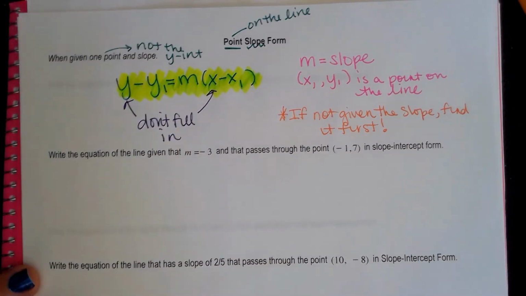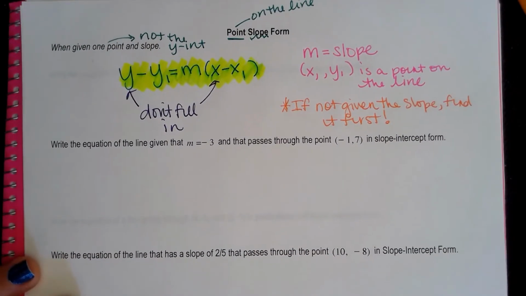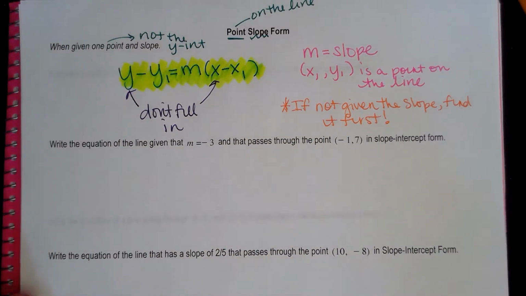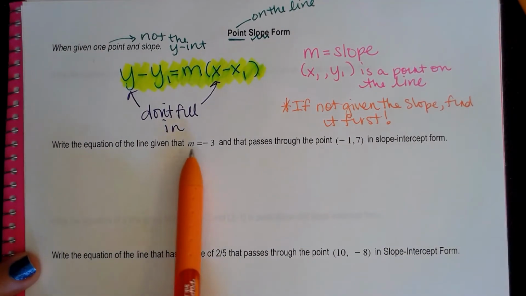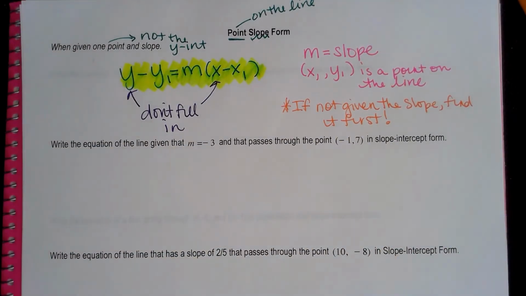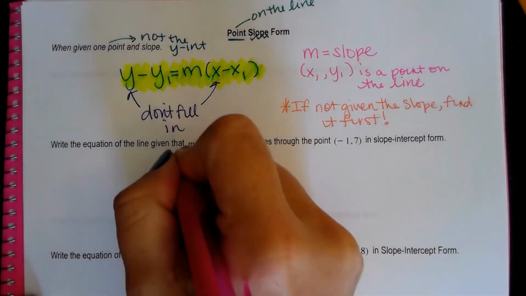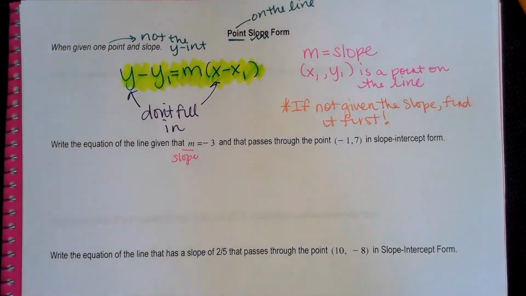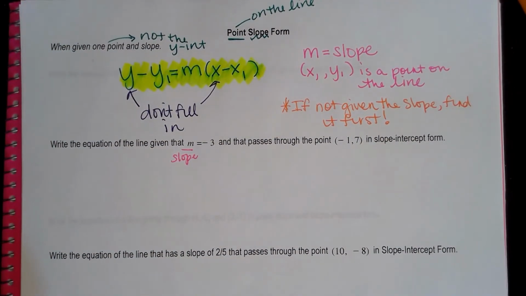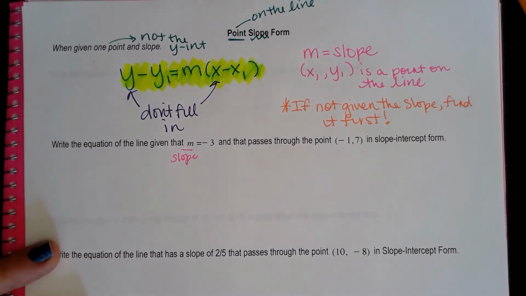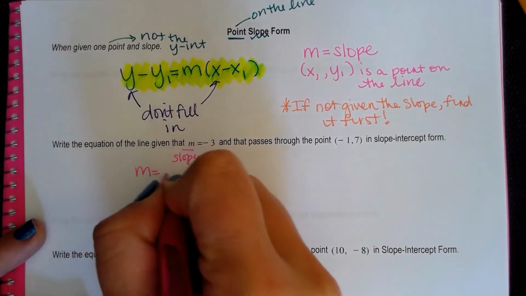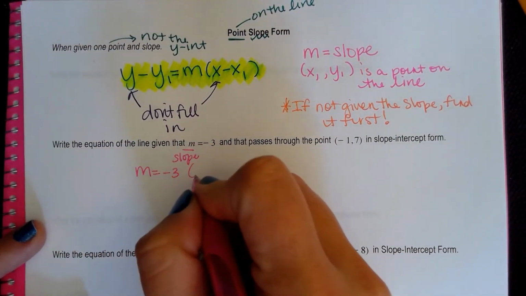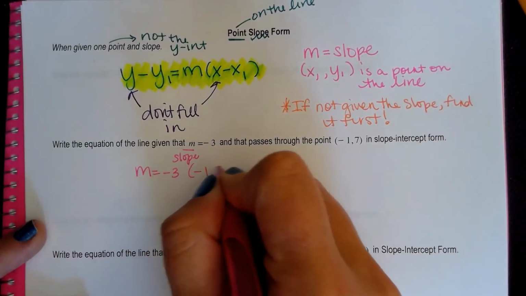So looking at this first example here, it says, write the equation of the line given that m is equal to -3. Remember, m means slope, and that passes through the point -1, 7 in slope intercept form. So again, just to break it down, I have m is equal to -3, and they gave me a point at -1, 7.